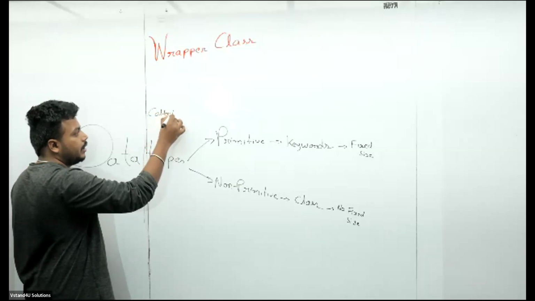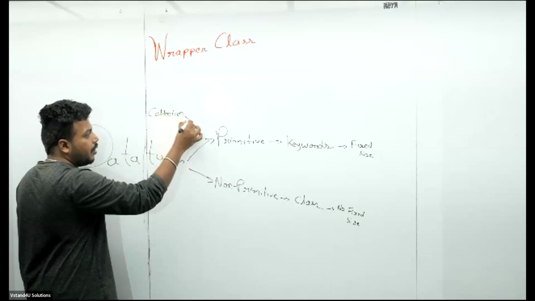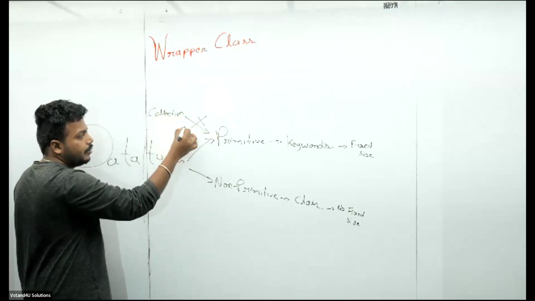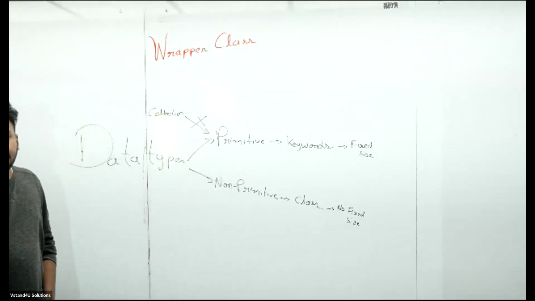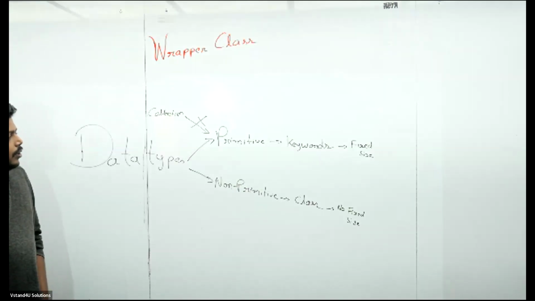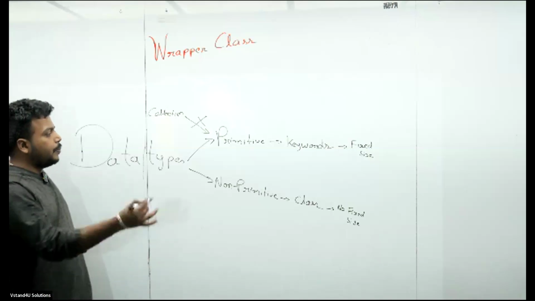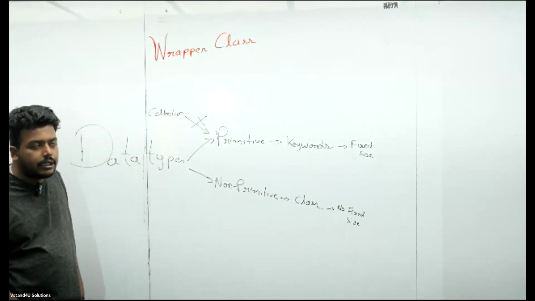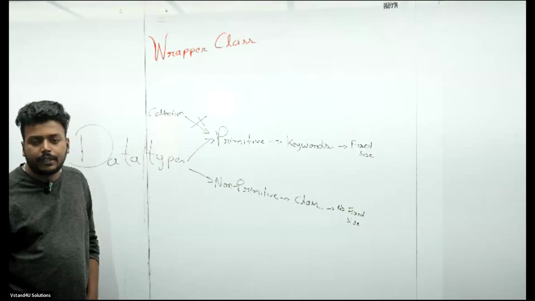That collection will not support primitive data types. Now I want to make it support primitive data types. For that sake only we have to make use of wrapper classes.